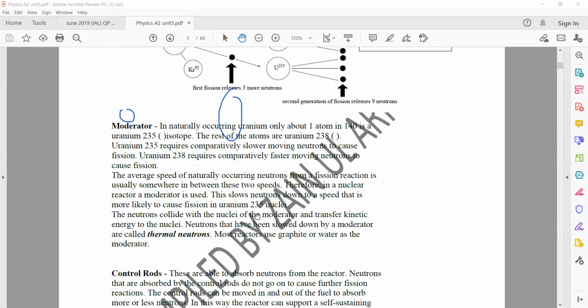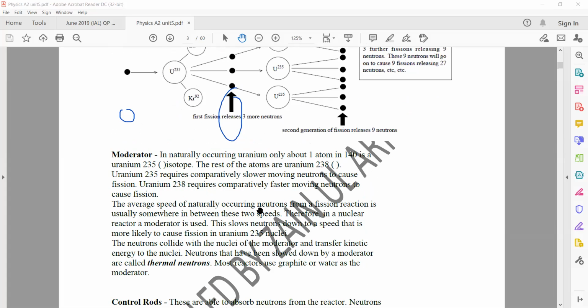To use a moderator, we can also use heavy water. Naturally occurring uranium is only about one atom in uranium 235, and most of it is 238, and 238 requires more energy compared to 235.